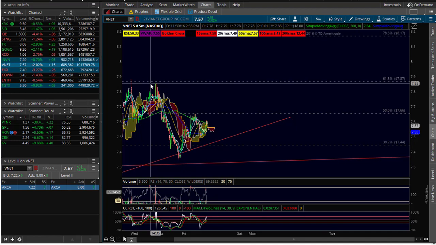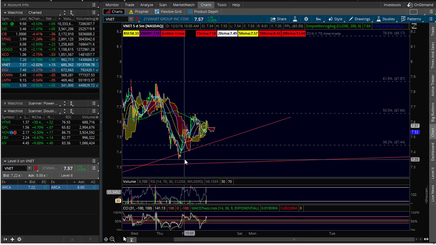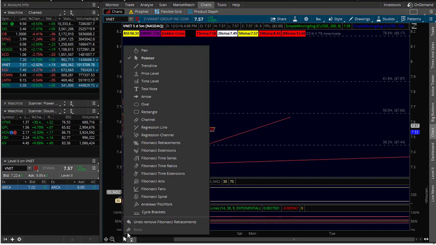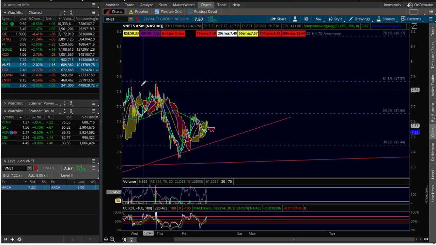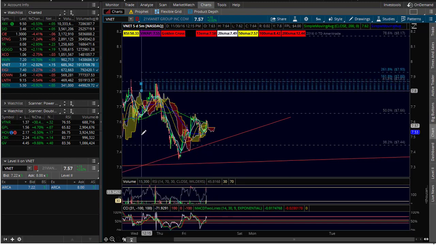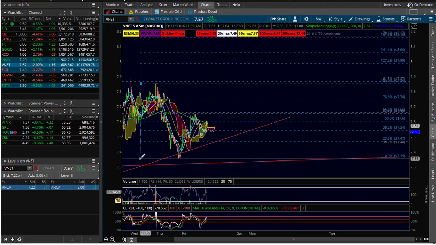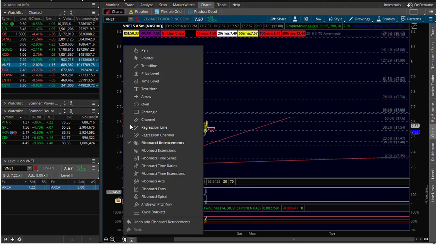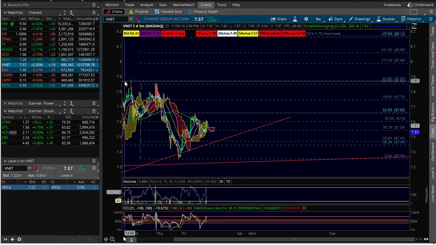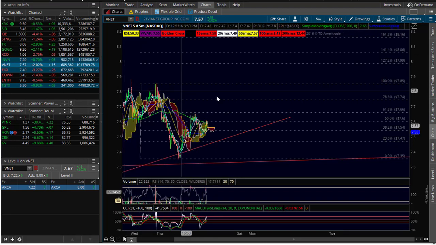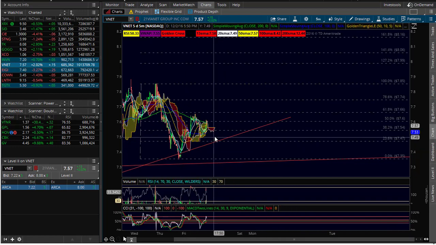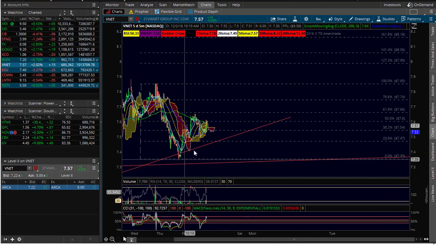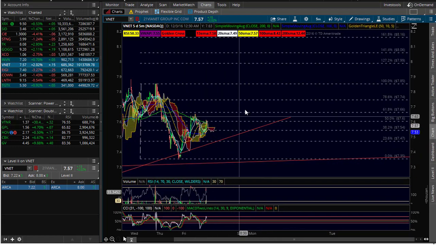That would be my 100%, and I would retrace down to the low down here at 7.36. So I apply my Fibonacci, and there you go. We'll get rid of the other one real quick. And now I have retracements for a couple days hold. This will give you retracements if you're just trying to hold for a few days.